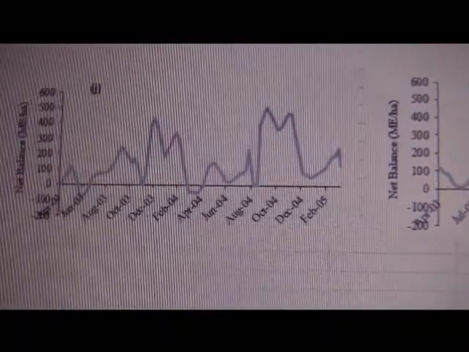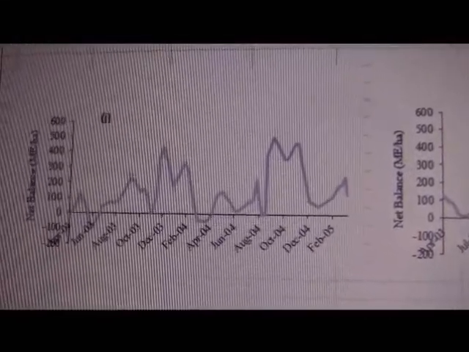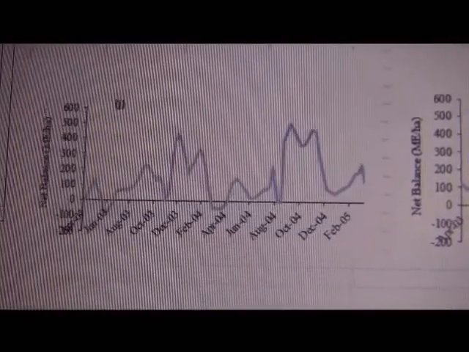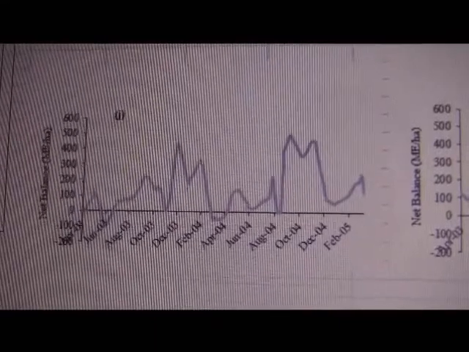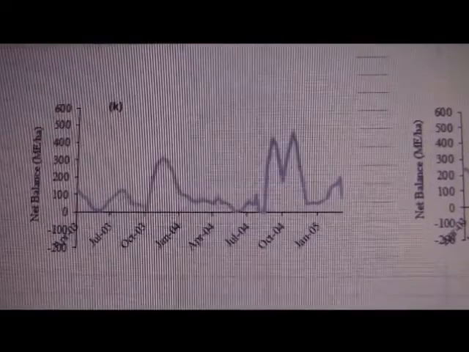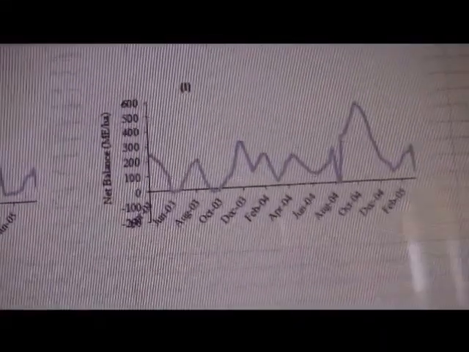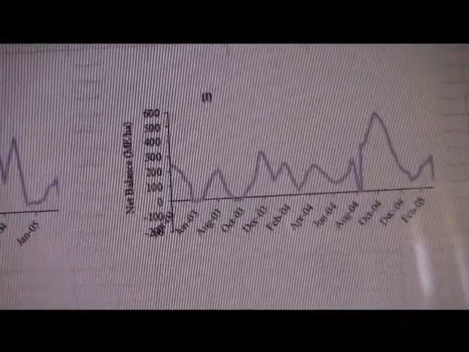Under the high input system, we see a few times there that the net balance of their ME was negative, and comparatively with the typical district one, flexible, not so much, and with the intensive rotational grazing.